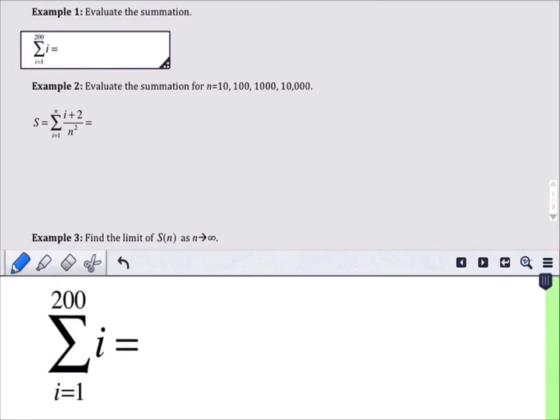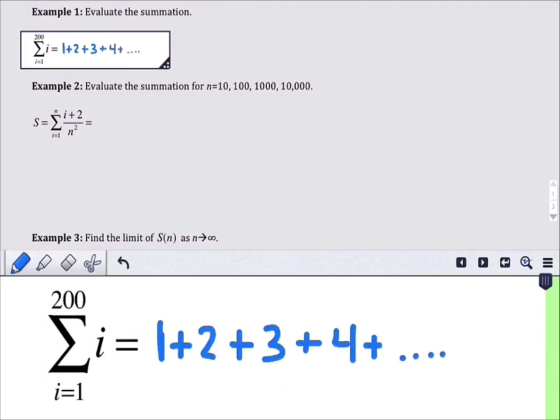So number 1 says evaluate the summation. Here we have the sum from i equals 1 to 200 of i. If we were to just find the summation, we could do 1 plus 2 plus 3 plus 4 plus, well, we'd have to go all the way out until i equaled 200. We could actually add all those numbers up, or we could use our formula.